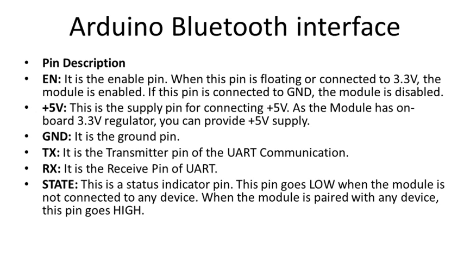The first pin is the enable pin. The enable pin is used for some specific applications, like if you want to check the status of the Bluetooth module, whether Bluetooth is connected or not, we can identify it with the help of the enable pin. Then the 5-volt pin we have to connect with 5 volts from the Arduino microcontroller, and the ground pin should be connected with ground. TX and RX are very important because the Bluetooth module works based on serial communication.